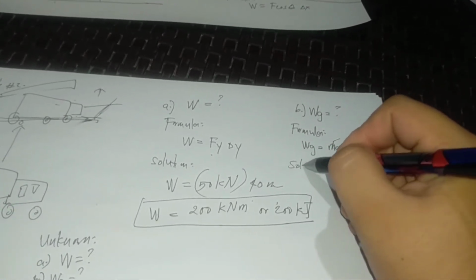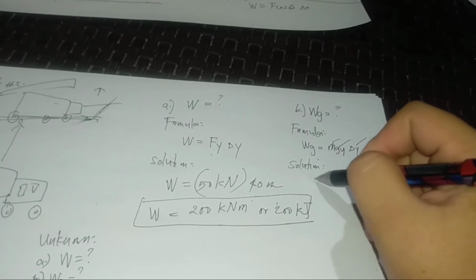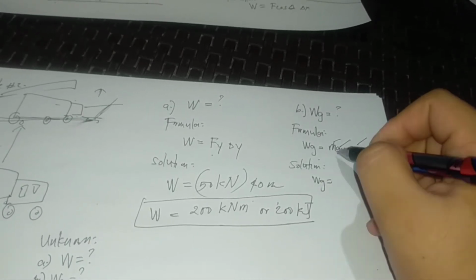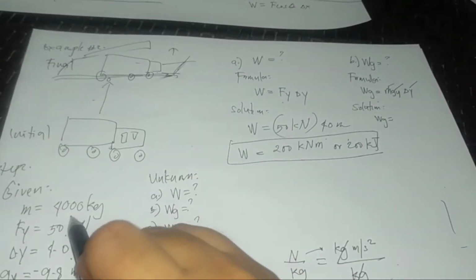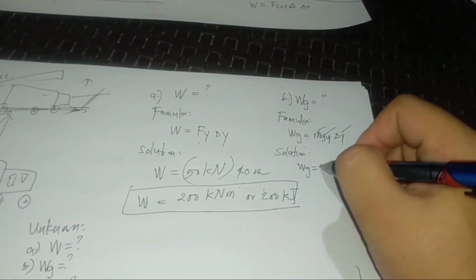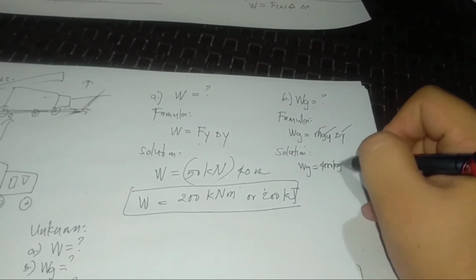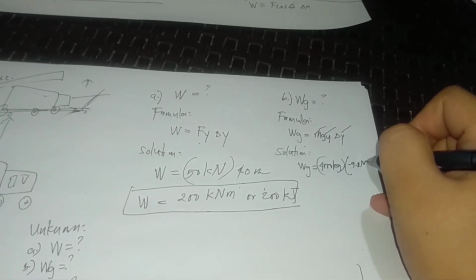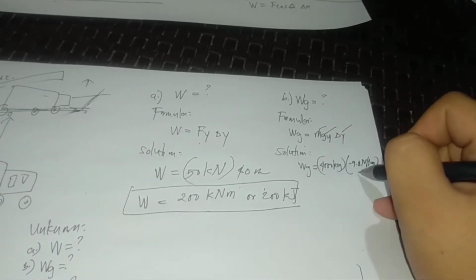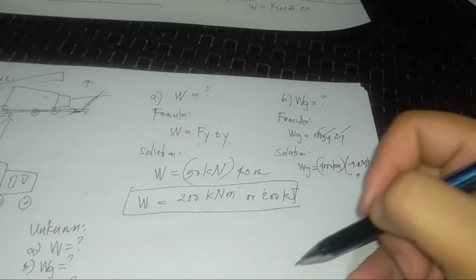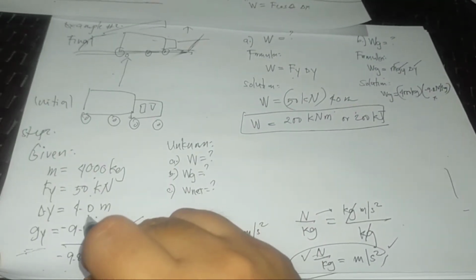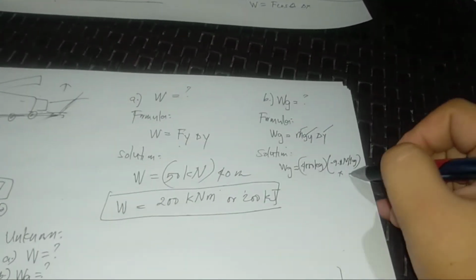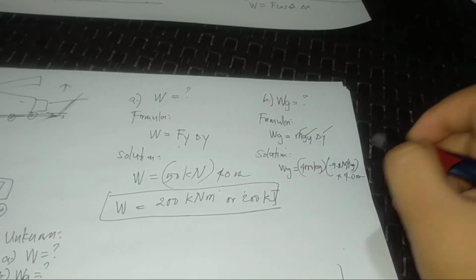So, we have here solution. Wg is equal to, mass is 4,000 kilogram, 4,000 kilogram multiplied by negative 9.8 Newton per kilogram, multiplied by your delta y, which is 4.0 meter.